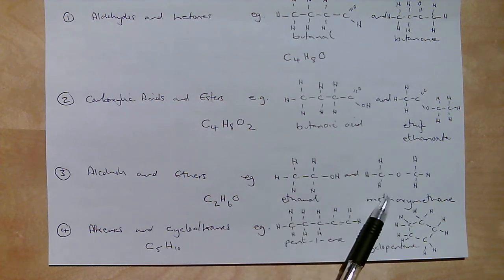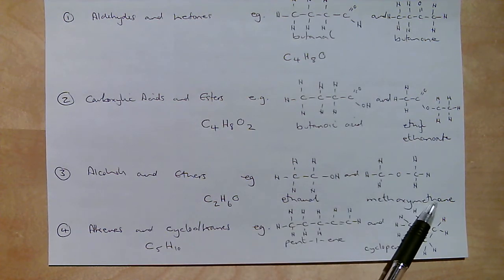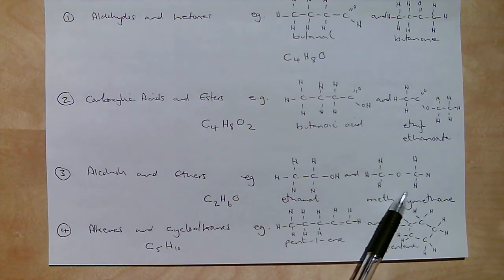Ethanol is a functional group isomer to methoxymethane. This is an ether, methoxymethane, C2H6O.